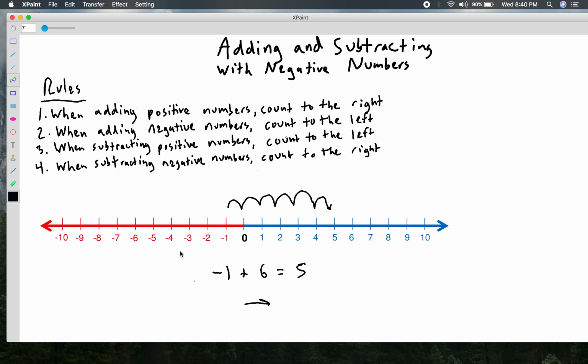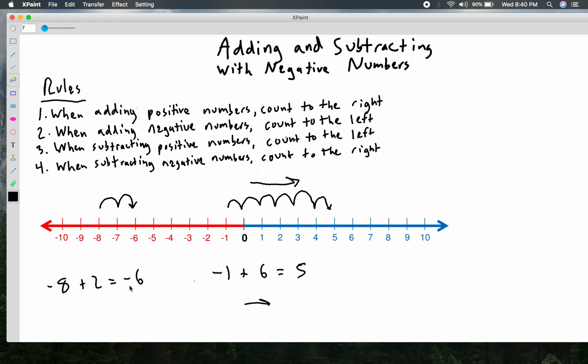So even though we were on this side of the number line, when we added a positive number to it, we went to the right. I could be even here at -8 and add 2 to it. Well, if I'm adding a positive number to any number, I move to the right. So -8, I'm going to add 2 to it. I'm going to move to the right, 1, 2. That gives me -6.